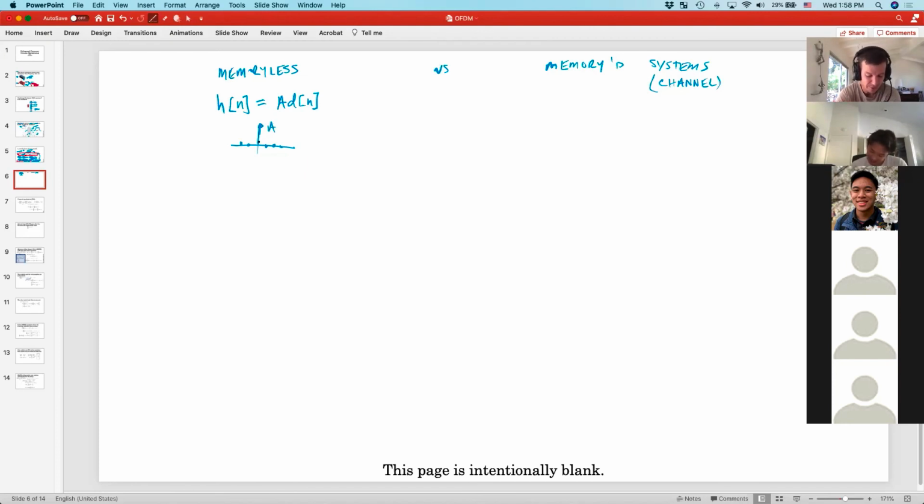Does that make sense why this represents a memoryless system? If I put one impulse in, I'm going to get one impulse out, and no history, no memory is required to compute the output. Whereas in discrete time, a memoried, and I guess I'm assuming causal system, is going to have an impulse response that lasts for multiple samples.